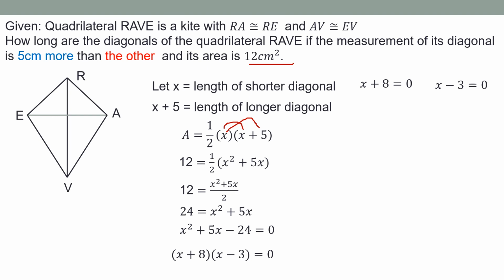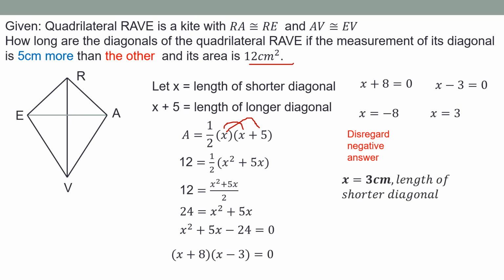Equate each factor to 0, and then solve for the value of x. x is equal to negative 8, and x is equal to 3. There is no negative length, so disregard the negative answer. Therefore, the length of the shorter diagonal is 3 centimeters. Add 5, so 3 plus 5 is equal to 8 centimeters, the length of the longer diagonal. 3 centimeters is the length of the shorter diagonal, and 8 centimeters is the length of the longer diagonal.